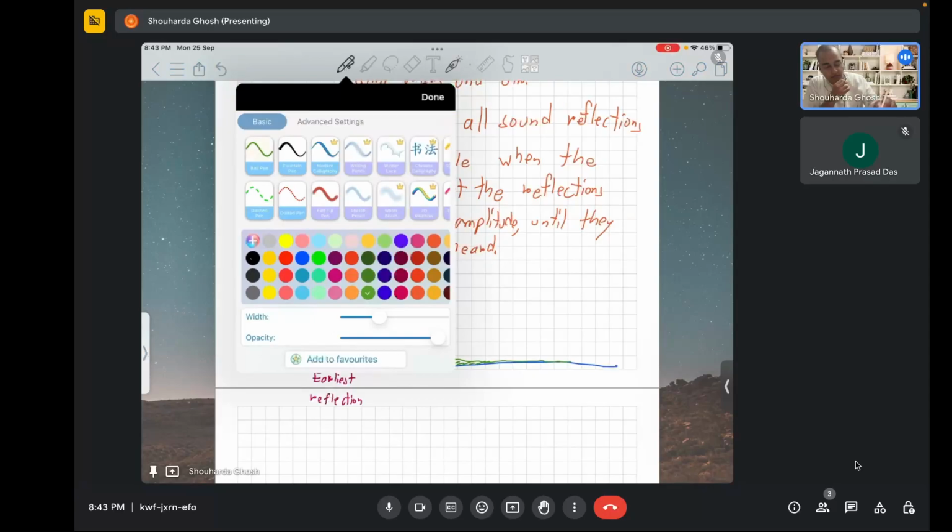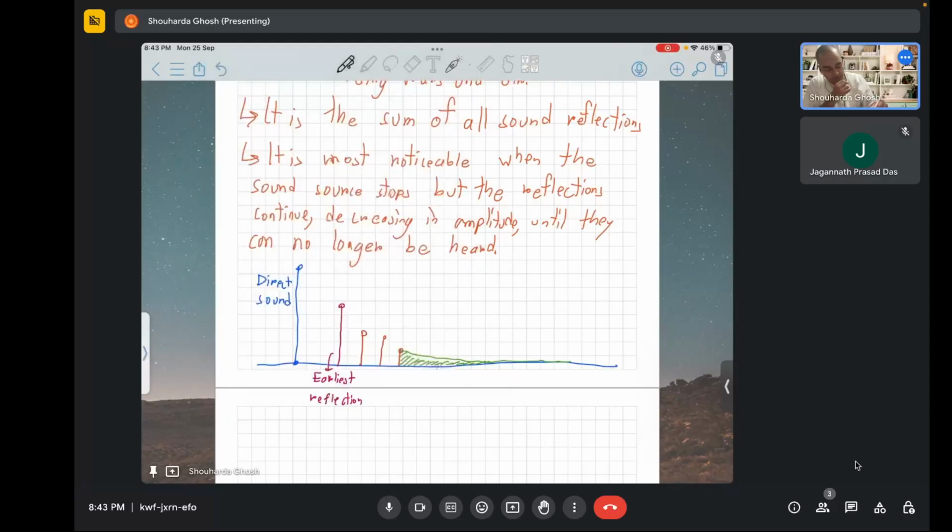So let me distinguish this. These are early reflections, and these are your late reflections.